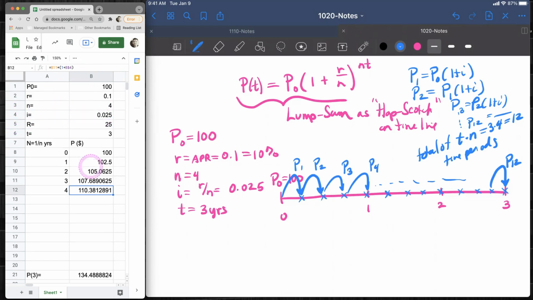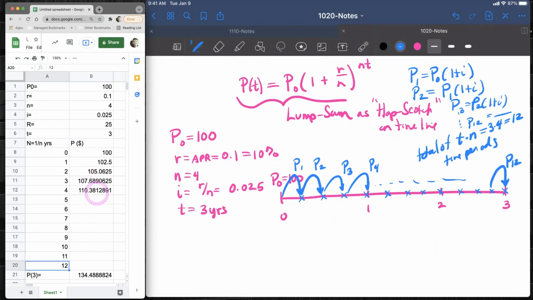The reason you want that $ is that once you've got the formulas in, you can drag and drop for these time periods. Each of these time periods is 1/4 of a year long, so we have 12 of these time periods in 3 years.